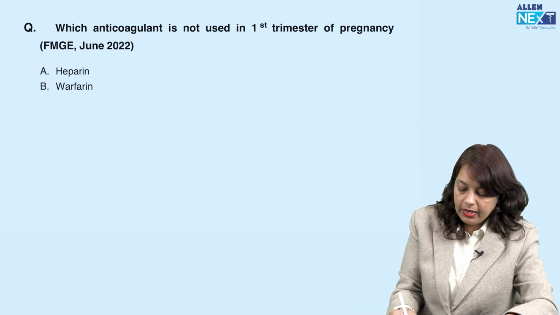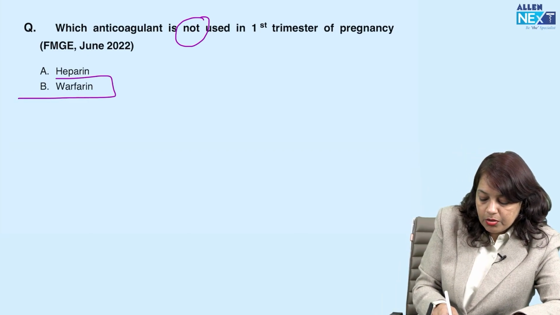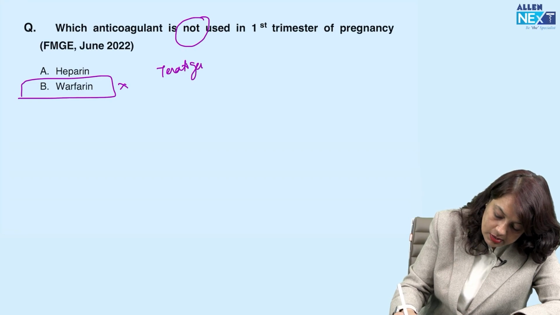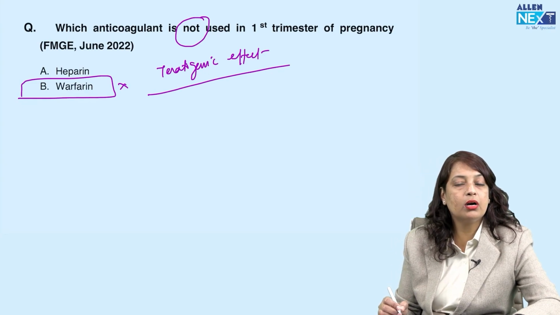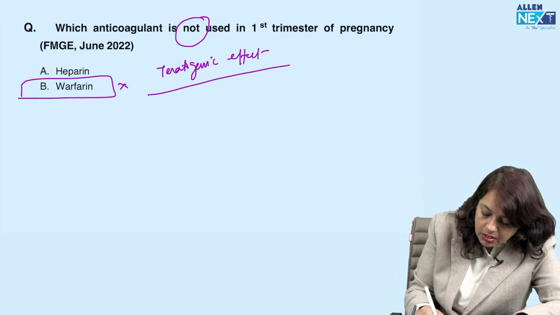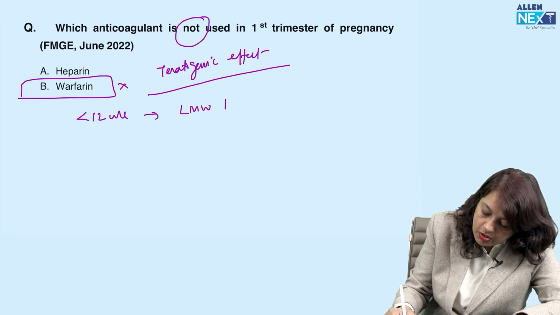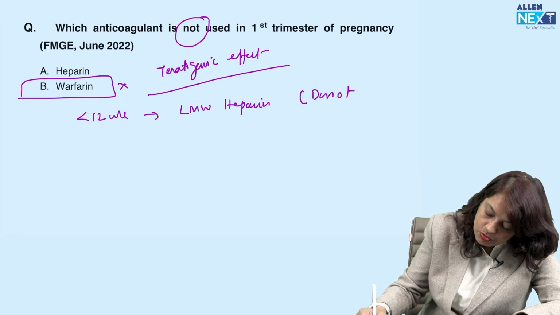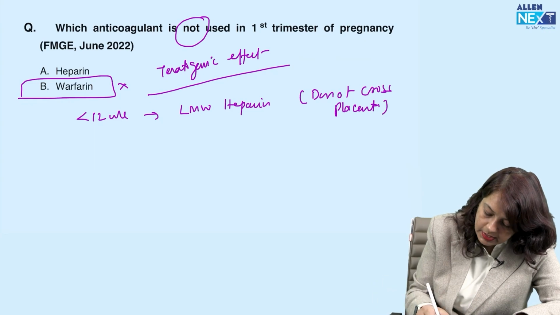Which anticoagulant is not used in the first trimester of pregnancy? Always remember warfarin is not used because it causes teratogenic effect. So whenever anticoagulation has to be given to a heart disease patient at less than 12 weeks, it is low molecular weight heparin, because heparin does not cross the placenta.